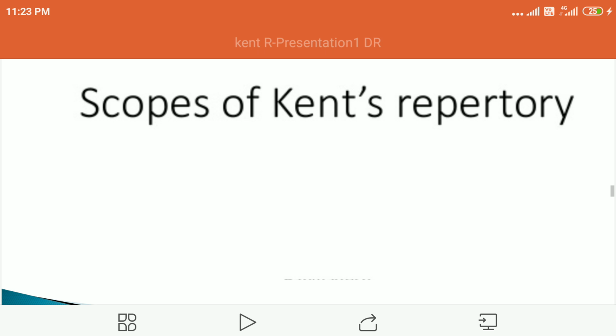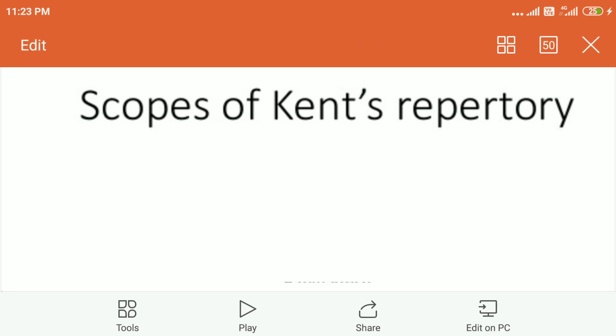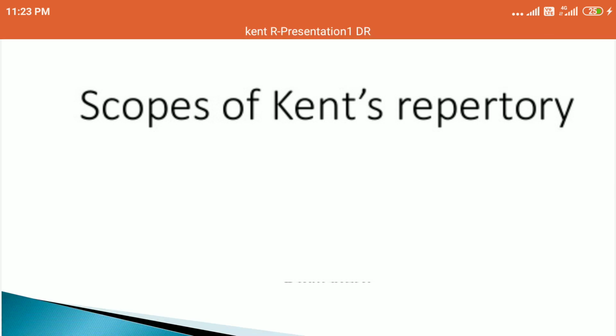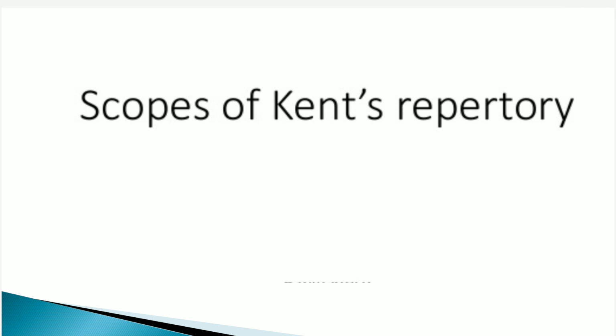Because of such arrangement, it is easy for the practitioner to find the rubrics. Then the Kent repertory contains about 648 medicines.